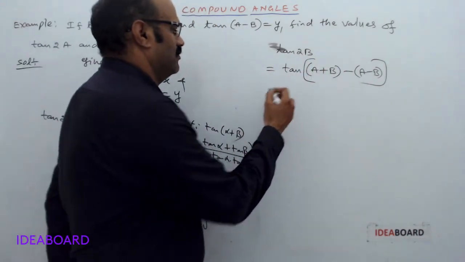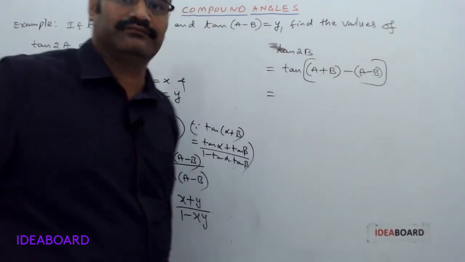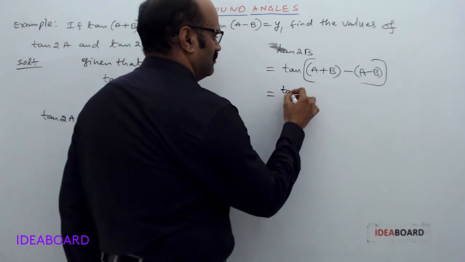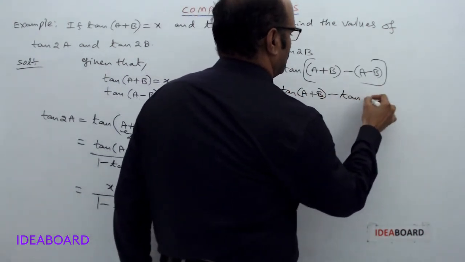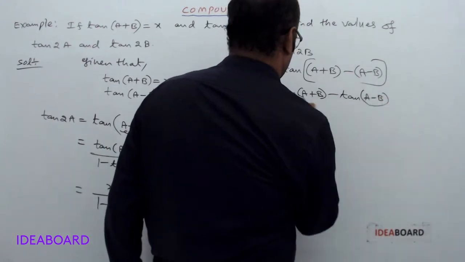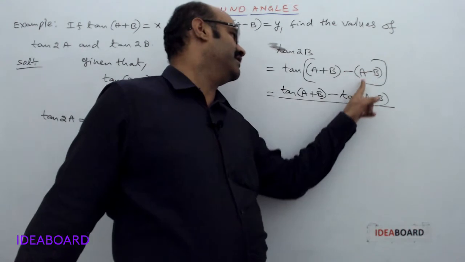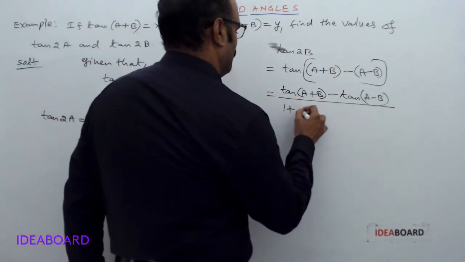So we have the formula tan of alpha minus beta equal to tan alpha minus tan beta by 1 plus tan alpha into tan beta.